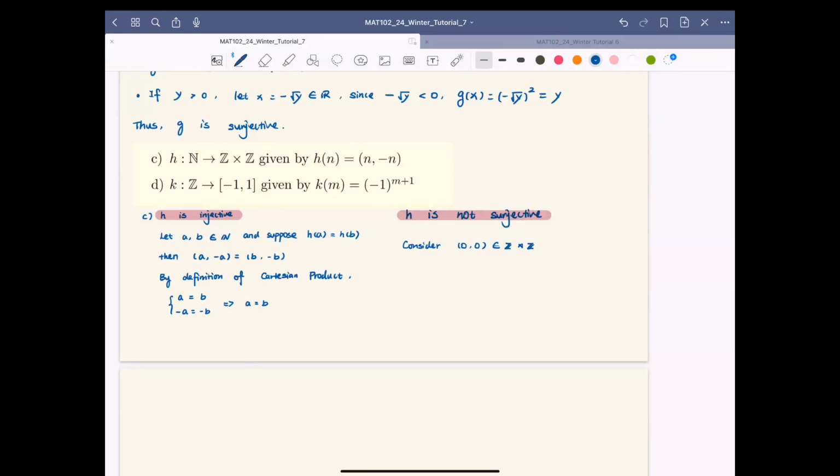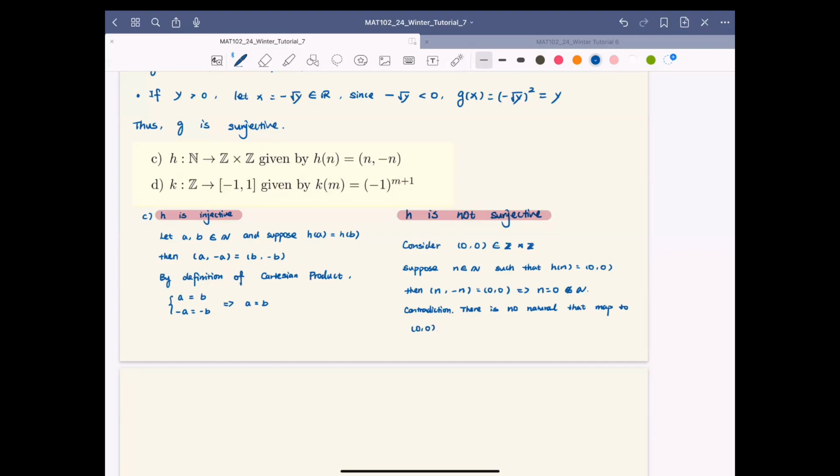However, we can do it like a proof by contradiction. Suppose there is n in the naturals such that h(n) equals (0, 0). So (n, -n) equals (0, 0). This implies that n equals 0. But this is not a natural number, so contradiction. So this shows that there is no natural n.